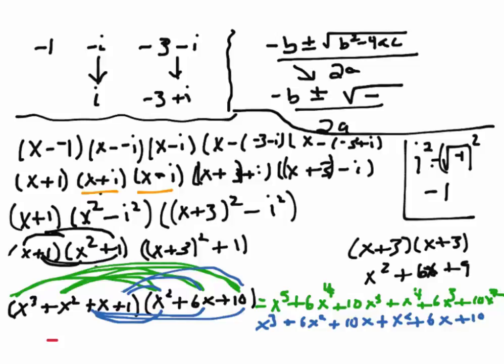So when you combine all of those, we have an x to the 5th. And then you have 6x to the 4th, and the plus 1 more makes 7x to the 4th. And then let's look at the x cubed. 10x cubed plus 6 more x cubed makes 16x cubed, plus 1 more makes plus 17x cubed.